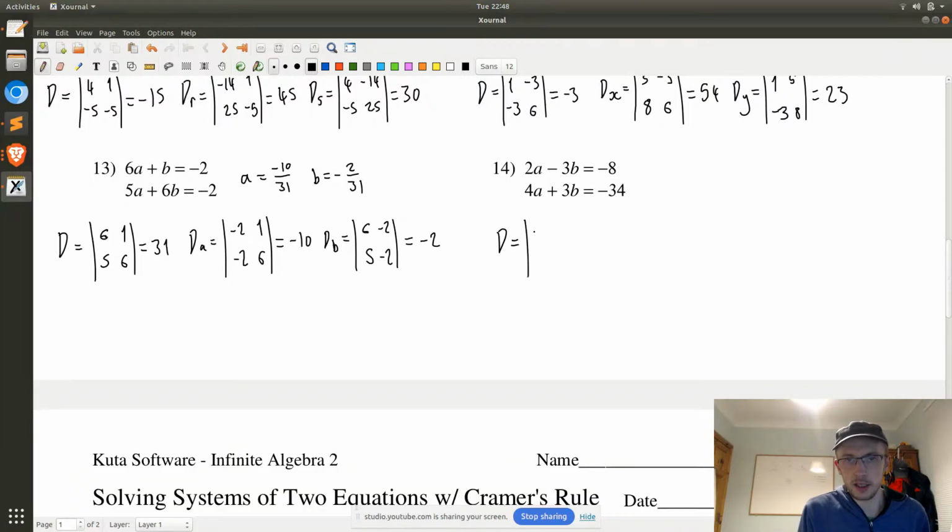Here, determinant 2, 4, -3, 3, 6, plus 12, 18.